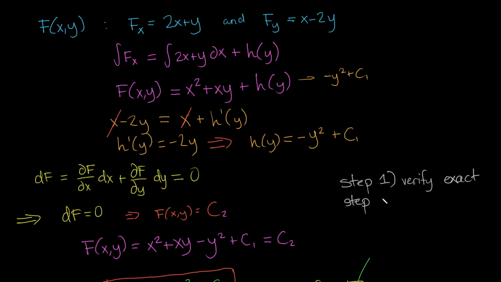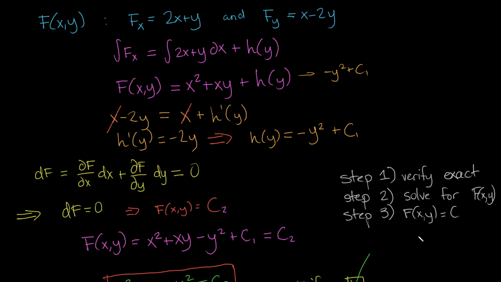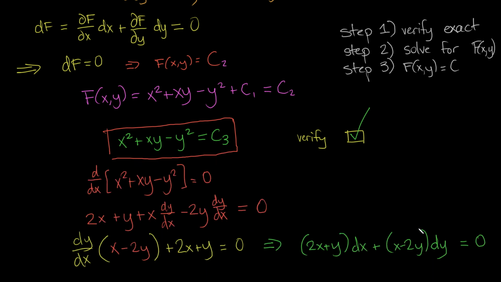And then your second step is what we're doing right here, solve for f of xy, that elusive function that we know must exist because it is exact. And then step 3 is just to set f of xy equal to a constant. And then optional step 4 is to verify that this implicit solution is indeed a solution. In our case, it is because we didn't make any careless errors.